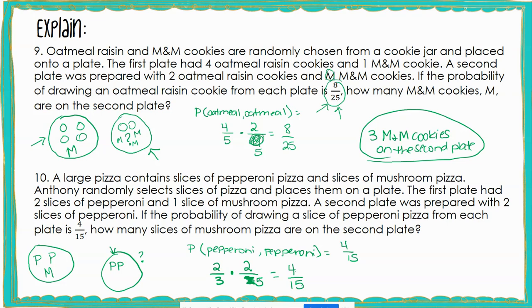Now we have to be careful because 5 is not the total number of mushroom slices on that plate. 5 is the total number of slices of pizza on the plate. So if 2 of them are pepperoni and there are 5 total, then the rest of them have to be mushroom. So that means that there are 3 slices of mushroom on the second plate.